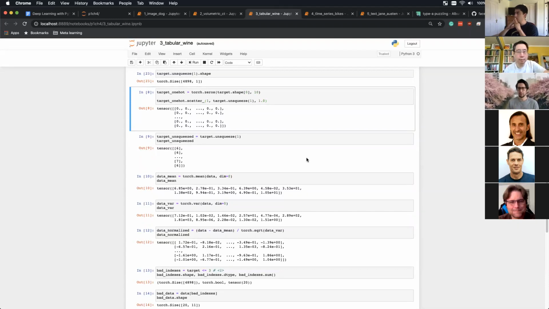If I recall correctly, it's got two options. You can either operate on an existing one in place, or you can create a new pointer to existing storage, right? Those are kind of your two options. That's the difference between scatter and scatter underscore. So that always implies that there is something there that you're sourcing.